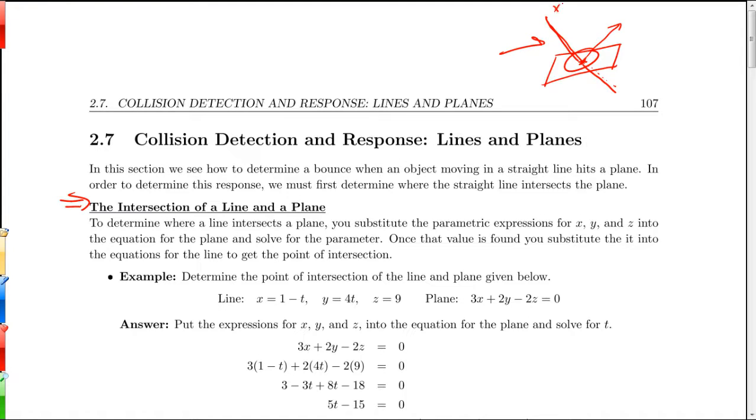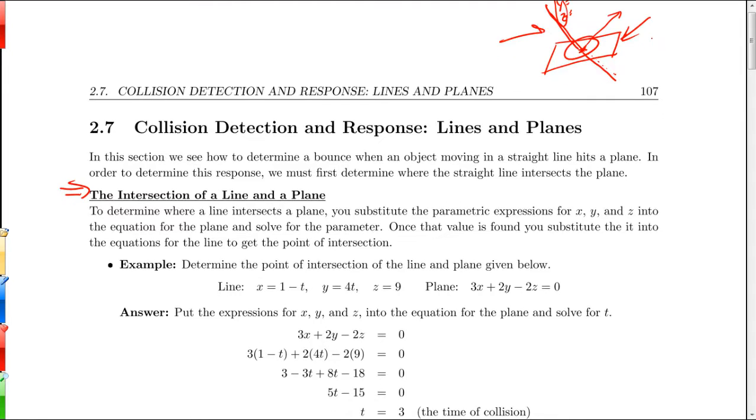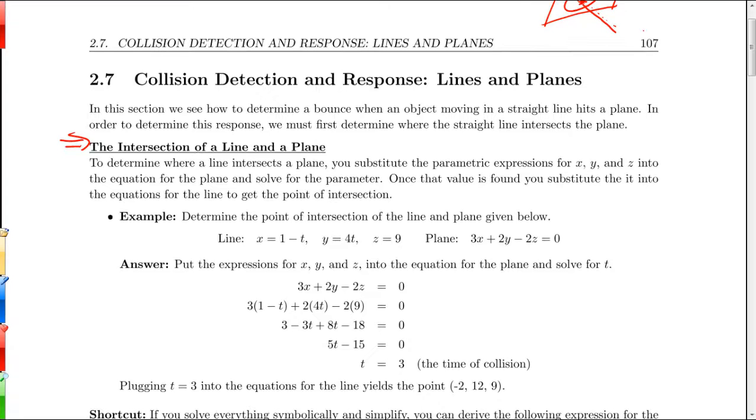There's an x as a function of t, y as a function of t, and z as a function of t. I want to find out when x, y, and z satisfy the equation for this plane. So for example, if this is my line, there's an x function, a y function, and a z function. And this is my plane, which contains an x, a y, and a z.